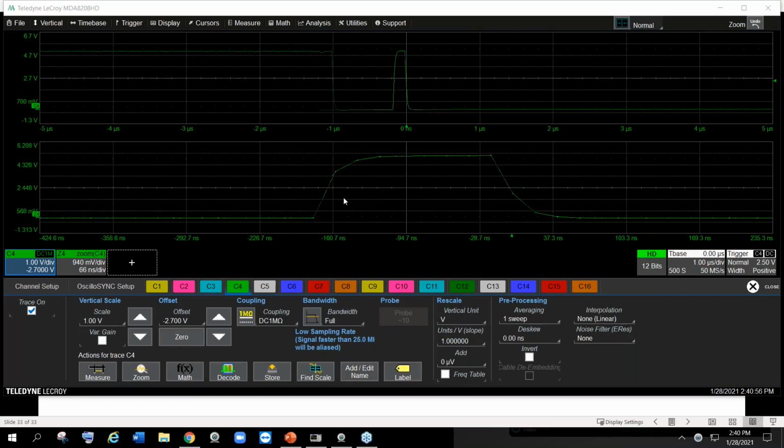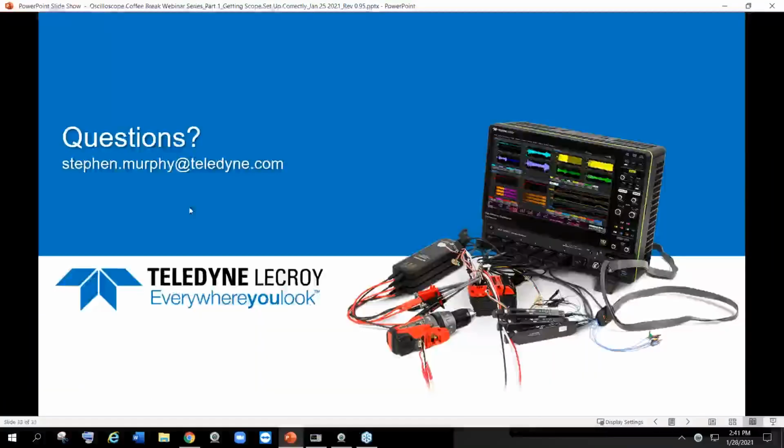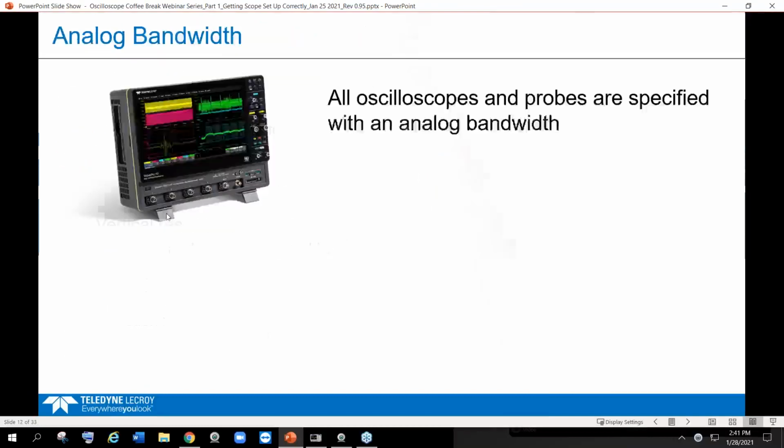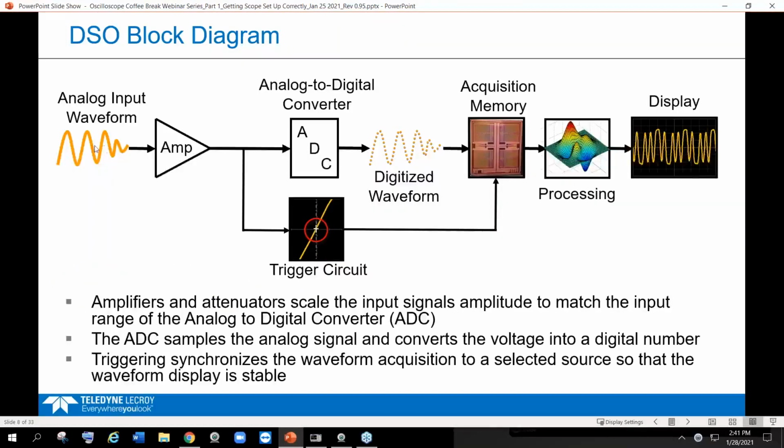How do the 1x and times 10 probes play into your attenuation? Yes, it does. On the front end, if I go into the PowerPoint, at the beginning here, what we're trying to do is get the right signal into the amplifier in the BNC.